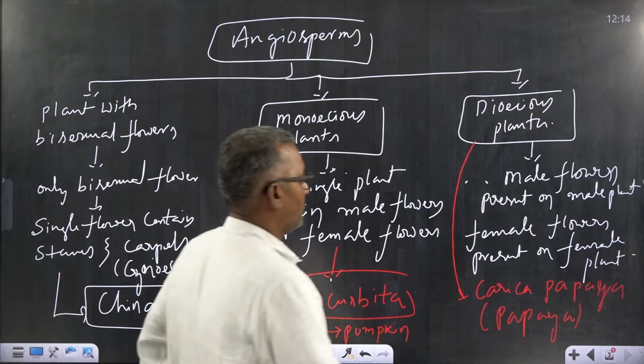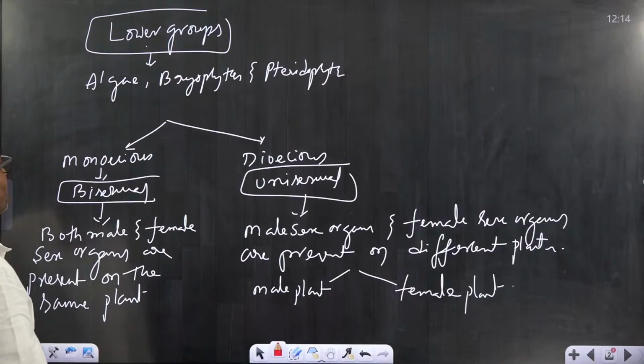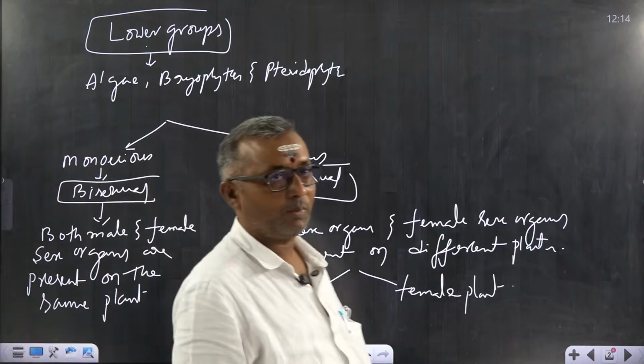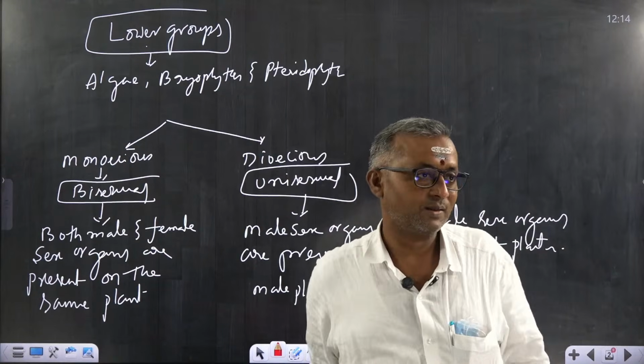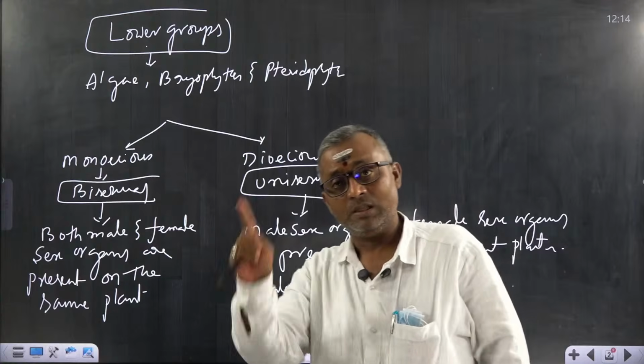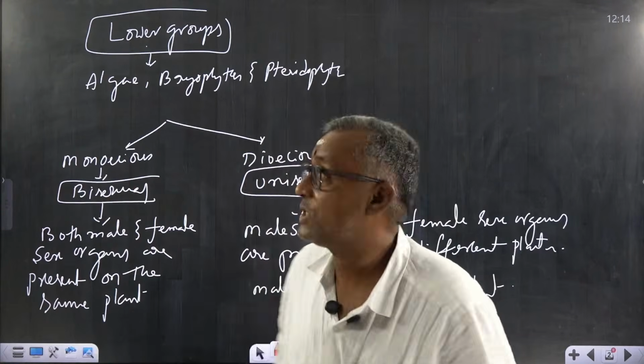Now look here, where the gametophytes are different. Take the bryophytes, for example. In bryophytes we have two kinds of gametophytes. There are some monoecious gametophytes and also some dioecious gametophytes.